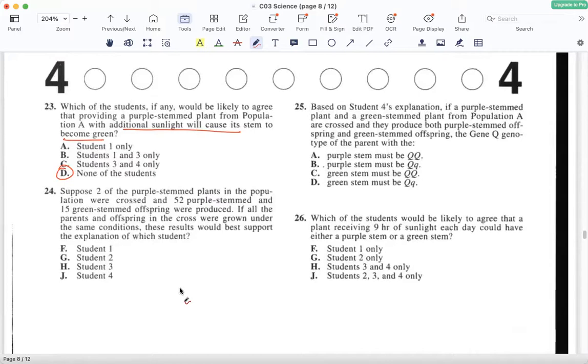So you will basically, the first person is saying that Q is dominant and small q is recessive. So if you're crossing them, then 3 out of 4 will have purple and 1 out of 4 will have green, right? That's according to him.